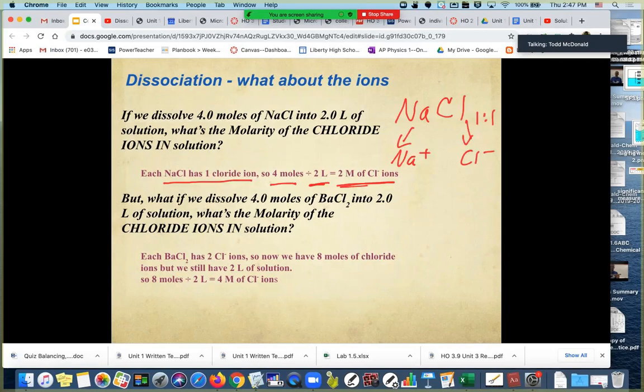Now, it's a little different with barium chloride, because if you look closely there, if you were to put barium chloride into water, each piece of barium chloride breaks apart into a Ba2+ ion and 2 separate chloride ions, right? So think about it, we've got a 2-to-1 ratio going on here. So every time you have 1 piece of barium chloride dissociate, it actually doubles the number of pieces.